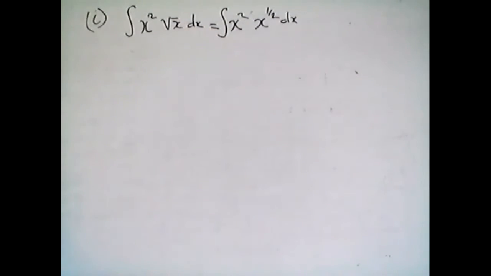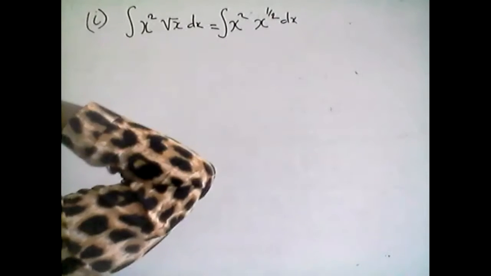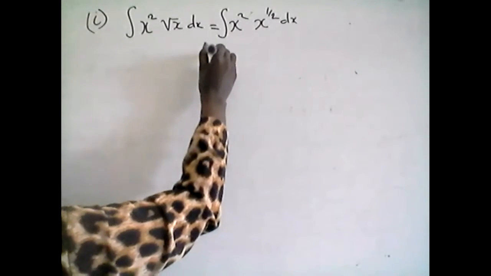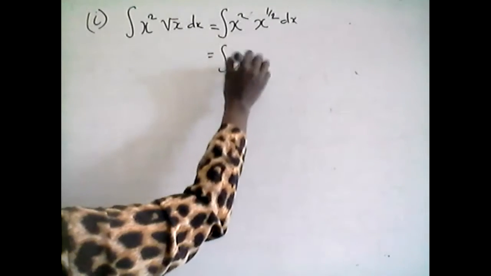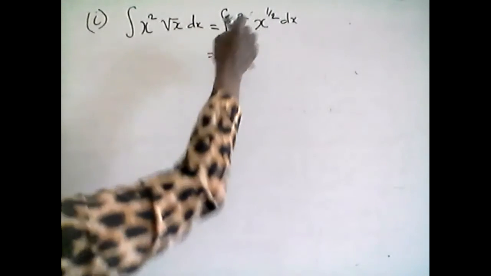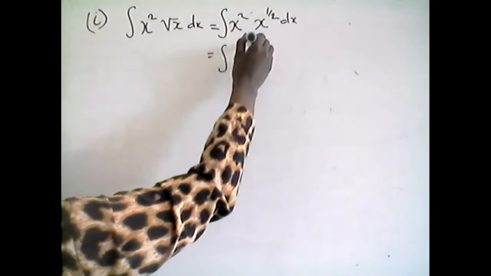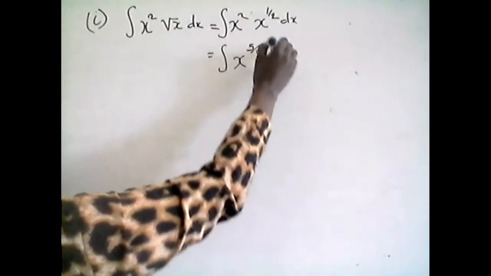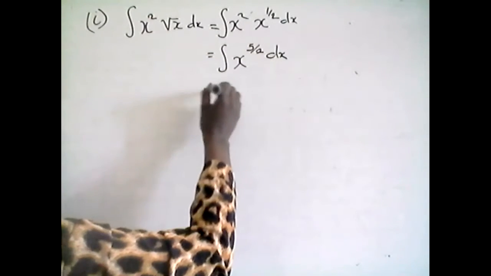When you are multiplying indices that have the same base, we add the powers. So when you add the powers here, what are we going to get? It is 2 plus 1/2, which gives us 5/2. So the integral of x to the power 5/2 dx.